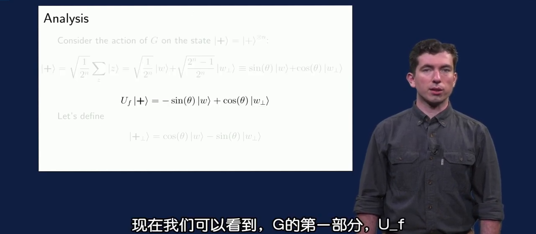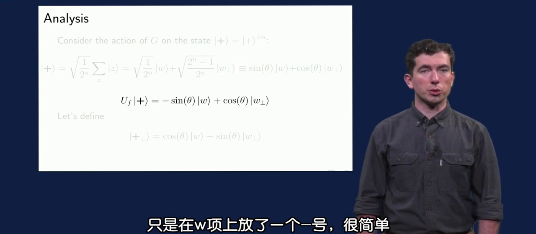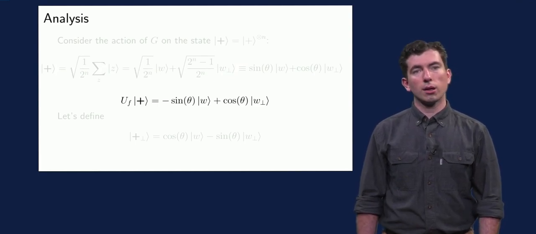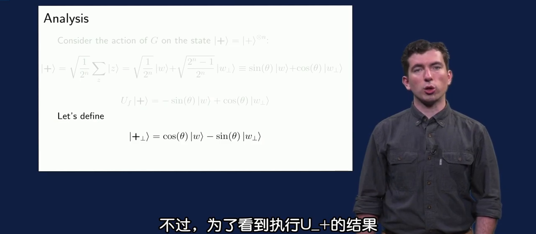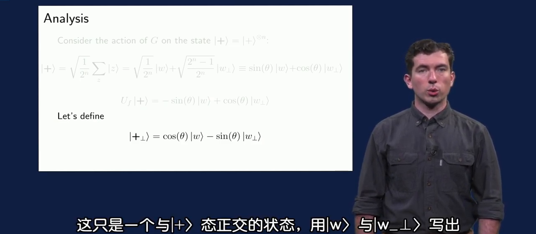Now we can see that the first part of G, UF, just places a minus sign on the W term. Easy enough. To see the consequence of then performing U+, though, we'll have to define another state plus perp, which is just a state that's orthogonal to the all plus state, written out using W and W perp.